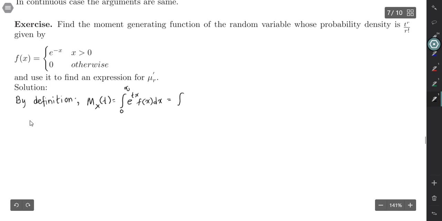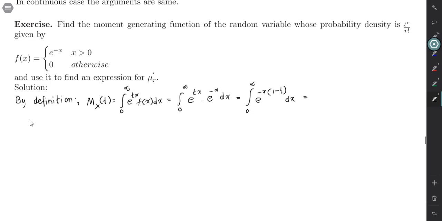So this becomes the integral from 0 up to infinity of e to the tx times e to the negative x dx. We can rewrite this as e to the negative x times 1 minus t dx.